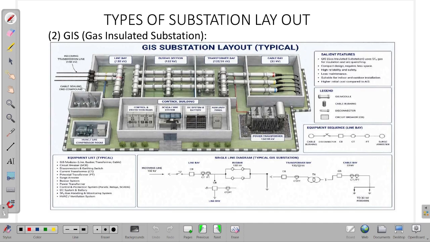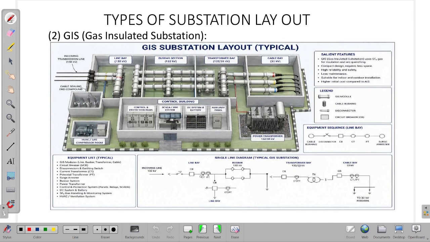So these are the CB circuit breaker, potential transformer, and surge arrester. This is the single line diagram for the gas insulated substation, for a 132/33 kV substation.